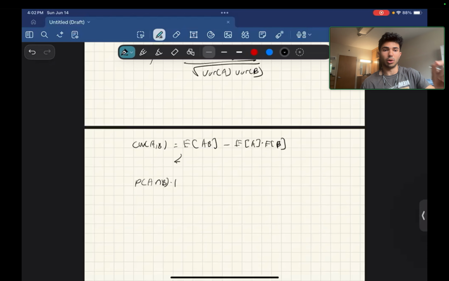We either occur or don't occur. So it's either 0 or 1. This is the values of our support.